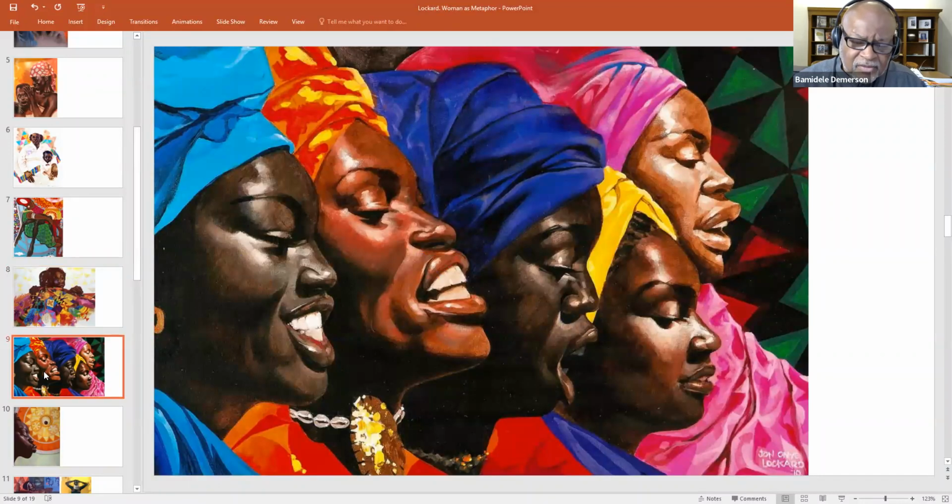Then we have Lift Every Voice. And we know this is the title of the song by James Weldon Johnson, and the music was composed by Rosamond Johnson, his brother.